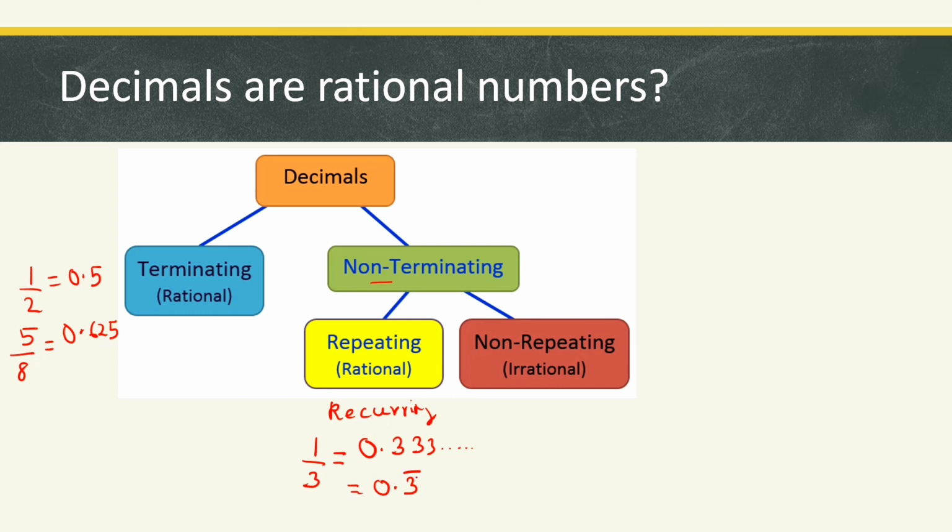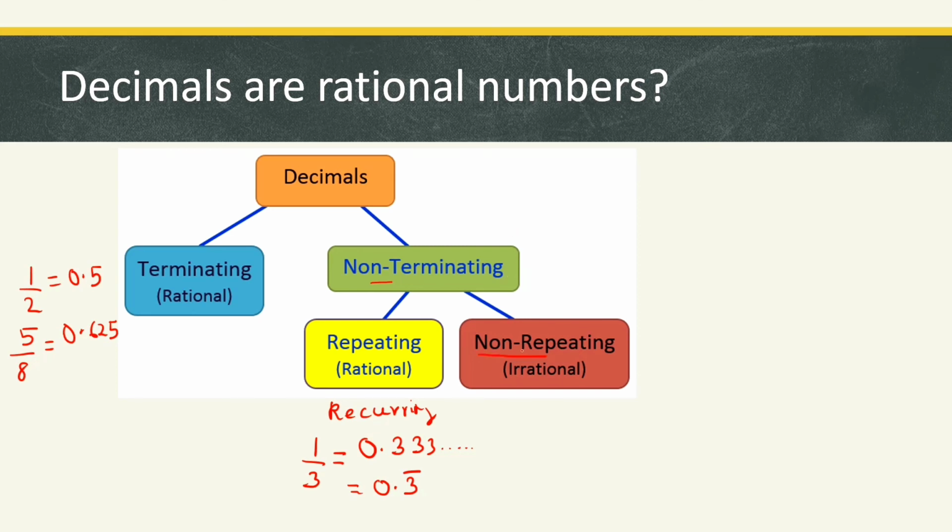It means that the 3 here keeps on repeating and it never ends. It doesn't terminate. However much I do, the division goes on and on. Such repeating decimals, though they are non-terminating ones, are also rationals.